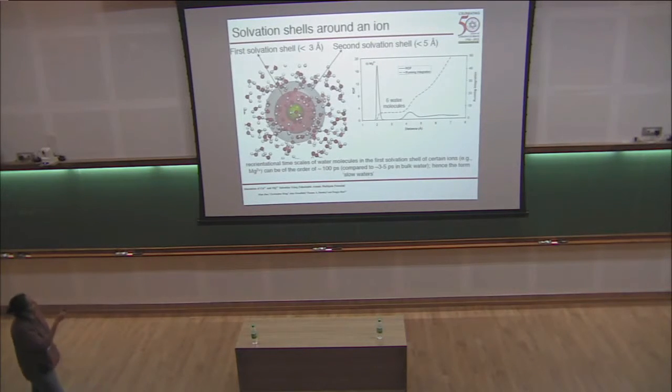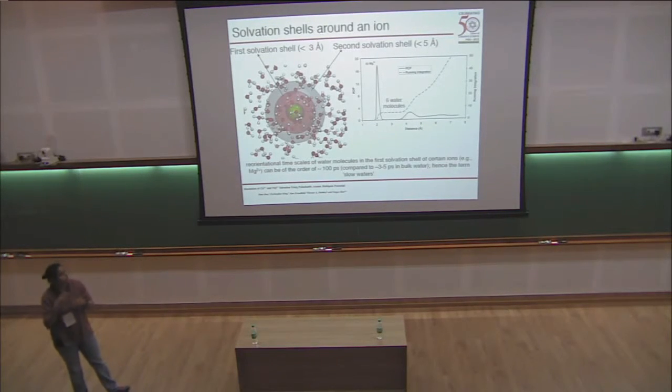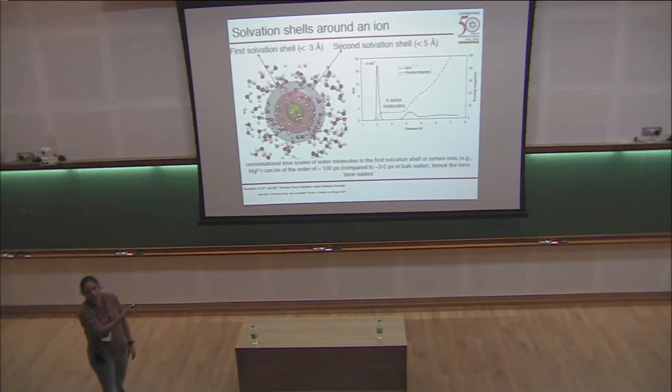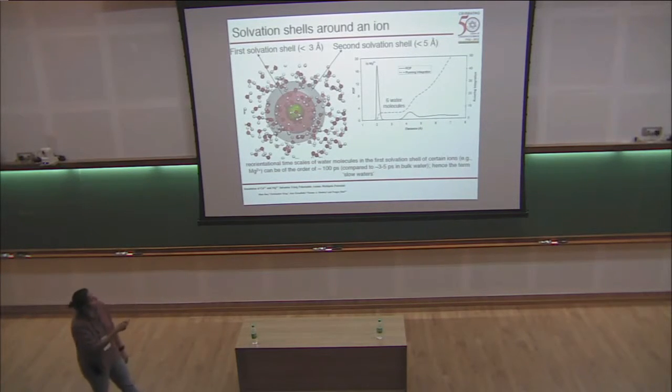Just to get some understanding of the terminology, there's something called a solvation shell, which is defined around an ion. Of course, I'm showing a very idealized case of a single ion in water. In general, you have many ions and these solvation shells merge between different ions. The definition of these solvation shells comes from experiments, and you can also do simulations to understand the location of water molecules, the first location of oxygen and the second location.